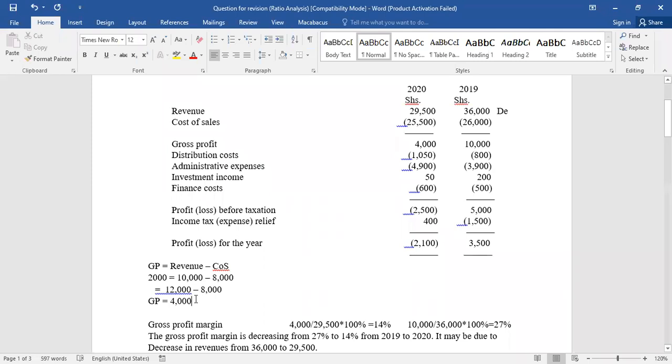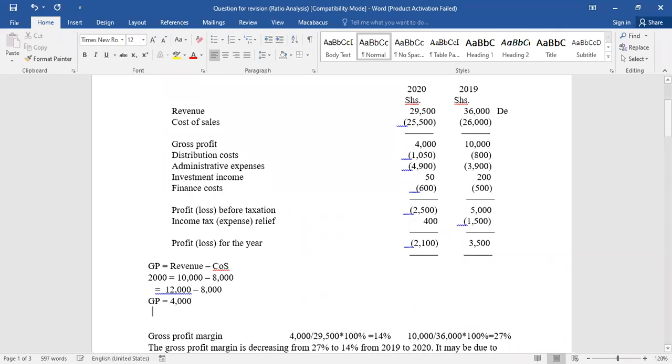Now if I reduce it, you'll see the reverse.